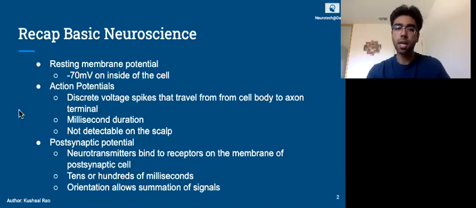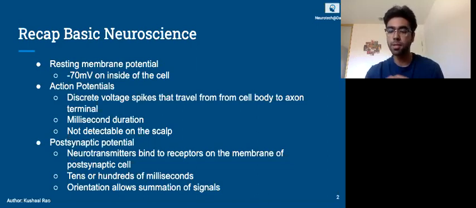But instead, if you look at postsynaptic potentials, and these postsynaptic potentials are basically the result of the neurotransmitters binding to the receptors of the postsynaptic cell. So if you remember, you have the axon, you have the whole cell body, and you have the axon terminal, and you have synaptic potentials going from the axon hillock to the axon terminal.